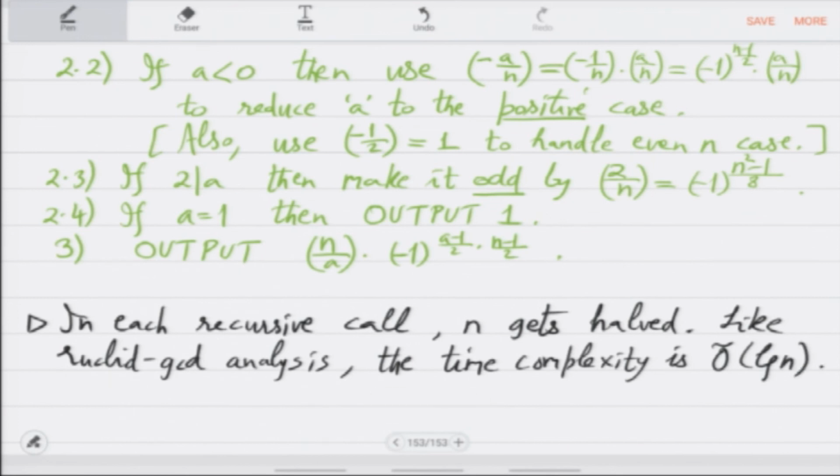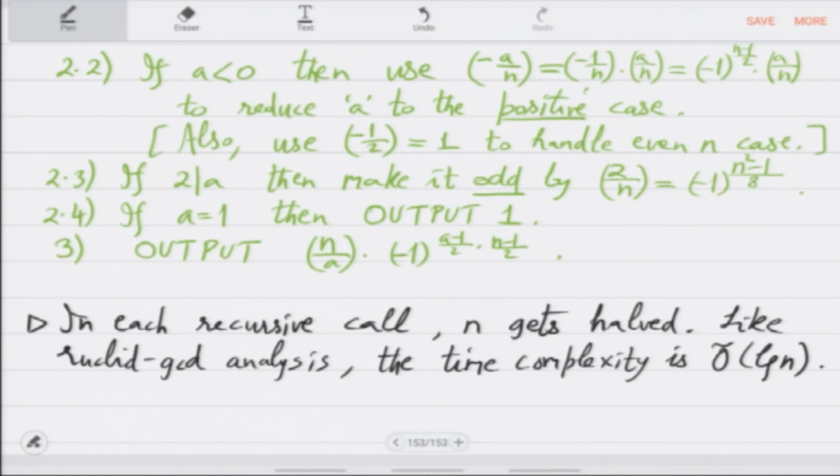So this is an O tilde log n time algorithm to compute the Jacobi symbol. So the Jacobi symbol can be computed very fast. This is what we have learnt.